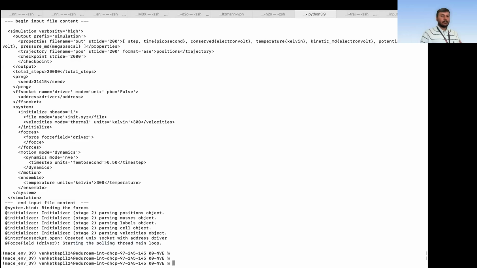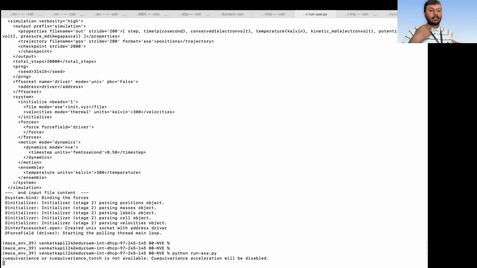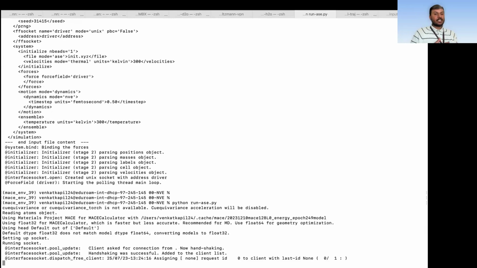So at this stage, i-PI has done all the initialization, and it is just waiting for a force evaluator to connect. And then as soon as it connects, it will pass the positions to the force provider. The force provider will do the calculation and pass them back. So if you just run this Python file, which implements the MACE calculator, that's about it.